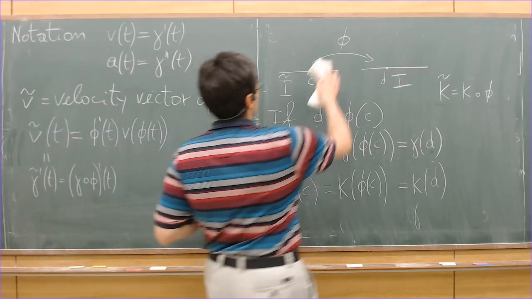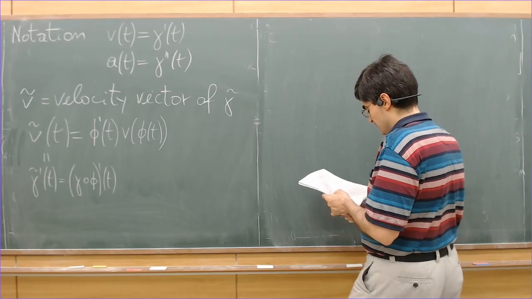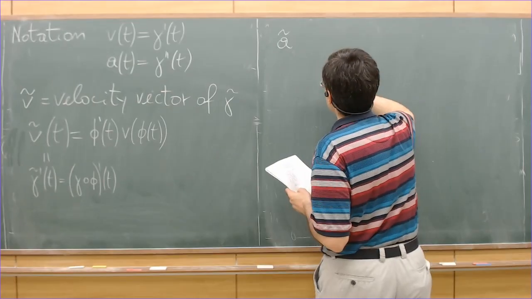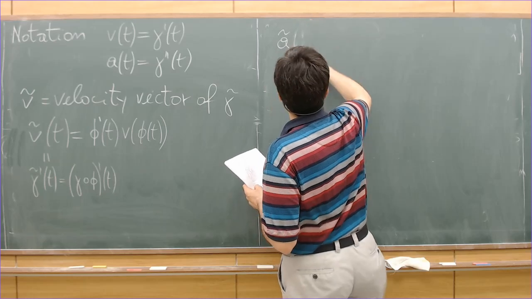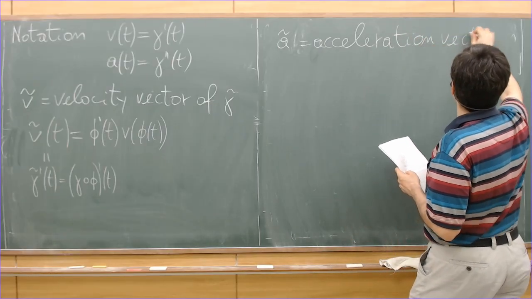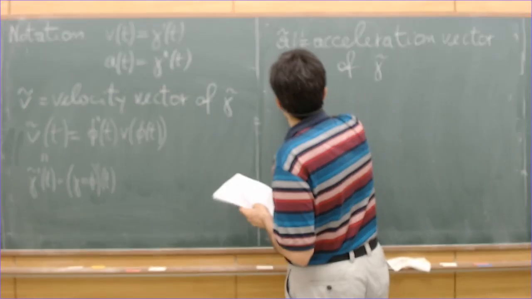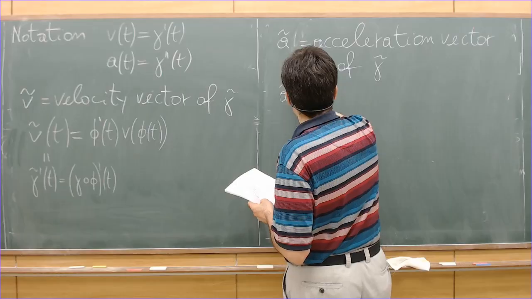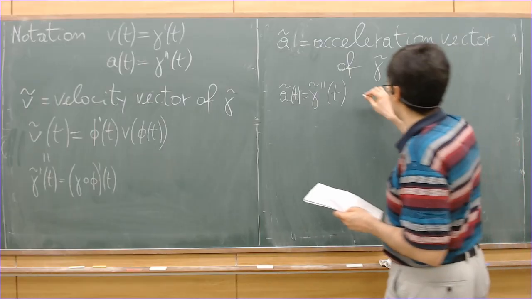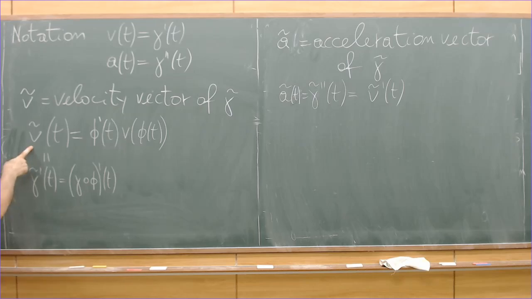You can also compute the acceleration vector of gamma tilde, that is A tilde equal gamma tilde second t, and this is nothing but V tilde prime t, but V tilde t is here.